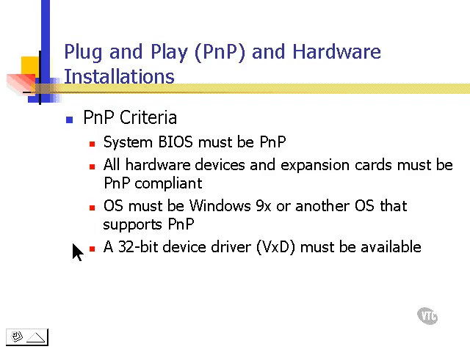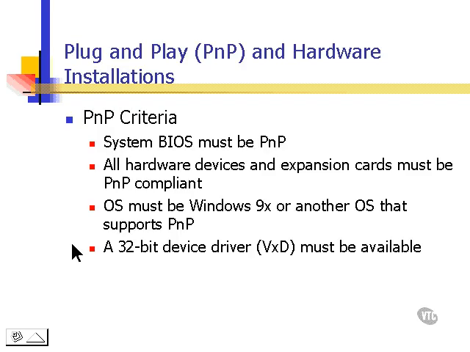And a 32-bit device driver called a VXD must be available. This is essential for plug and play to operate properly. If we're trying to install a device and plug and play is expected to work, we may get an error saying that the VXD device driver is not available.